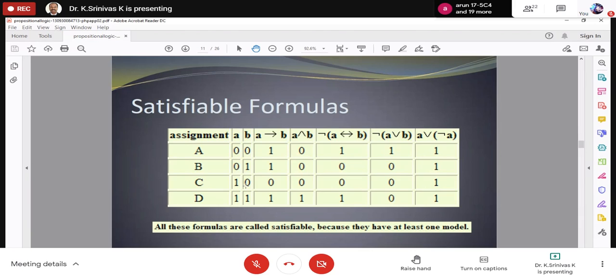So in the entire process, we are having at least one in all the assignments. So it is called satisfiable, because they have at least one true, that is one, in the model.